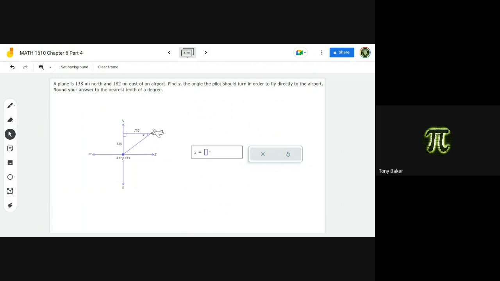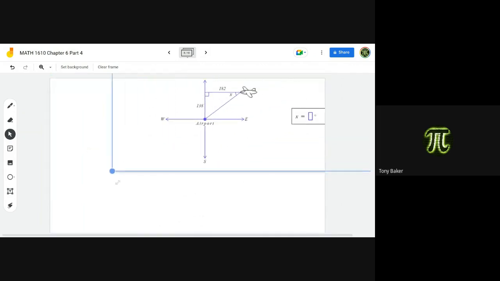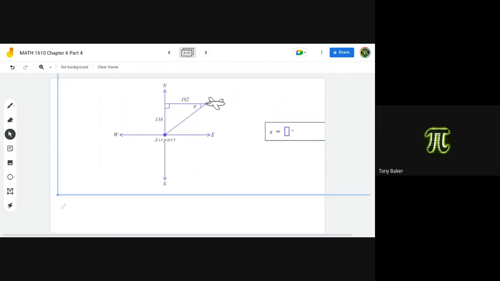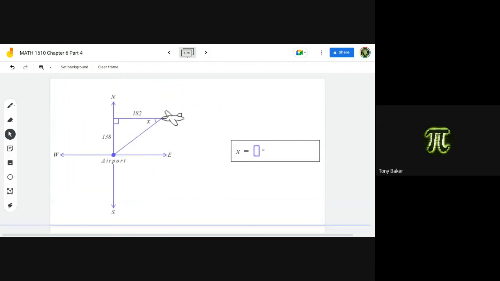All right, so it says a plane is 138 miles north and 182 miles east of the airport. Find the angle x the pilot should turn in order to fly directly to the airport. I'm going to make the picture a little bigger. All right, so we got our picture. This is all I need.